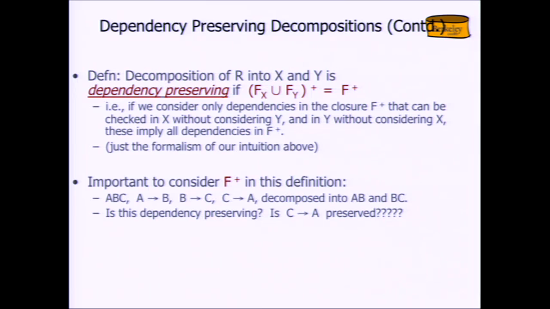This was my original set of columns, and I split it into 2 different tables, AB and BC. So I've replaced this relation with these 2 relations, and I have A determines B, B determines C, C determines A. A sort of weird cycle of functional dependencies. It's a weird example, don't get me wrong.